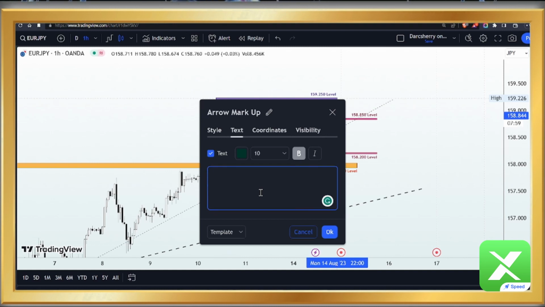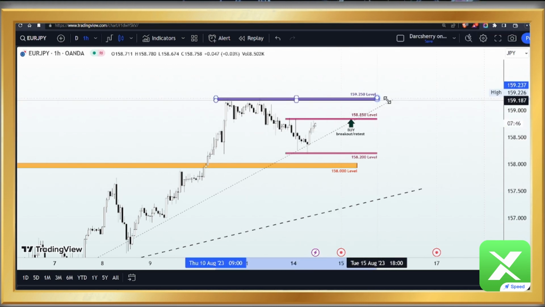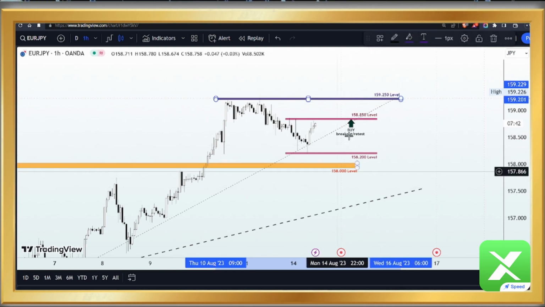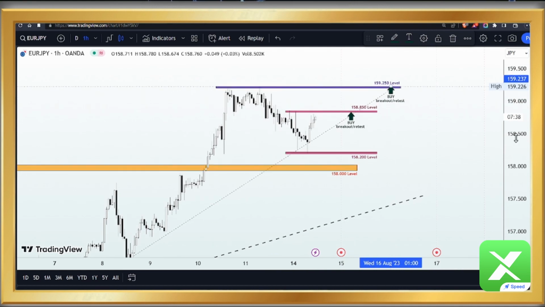So we're going to be looking out for buying opportunities here, breakout, retest of structure, then we join that move to the upside. And if price action continues in such a way that it breaks out of the 159.250, which happens to be the highest point price action has been for this year, then we shall be looking out to add more position to our existing trade.